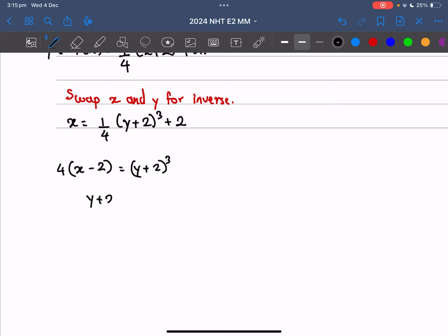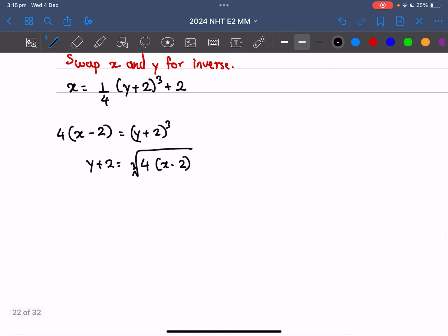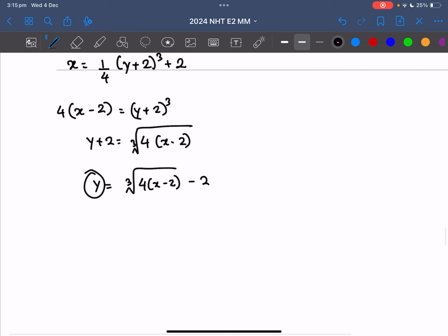So y plus 2 is equals to cube root of the whole thing. So then our y is going to be cube root of 4 times x minus 2, minus 2. So we can't say y, we have to say f inverse. So f inverse of x.